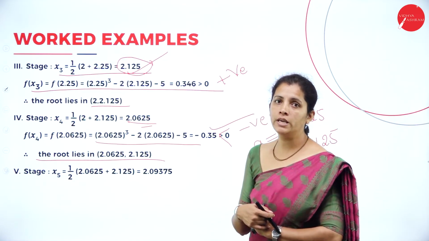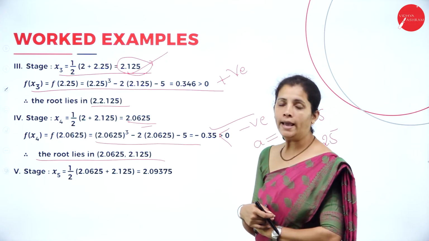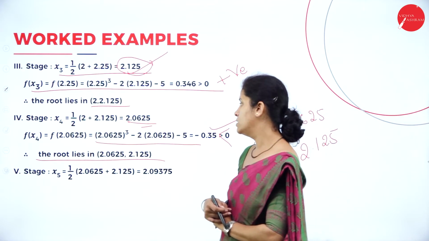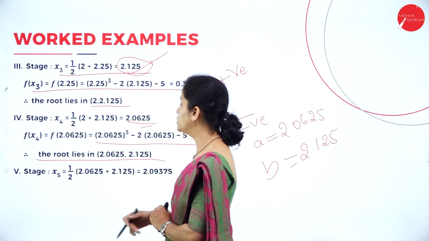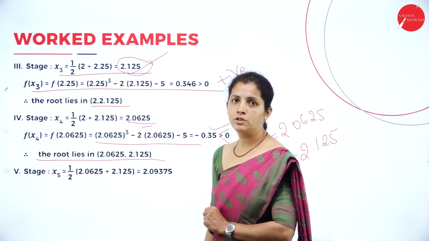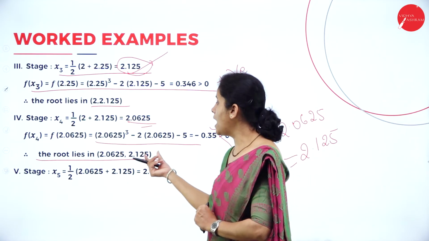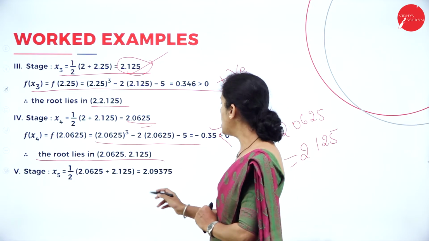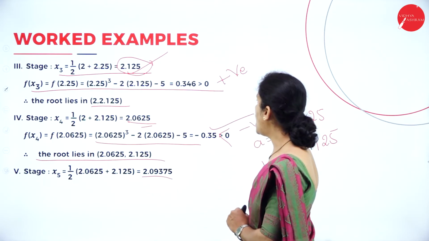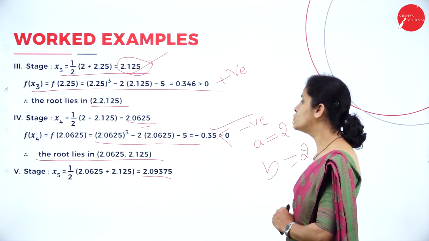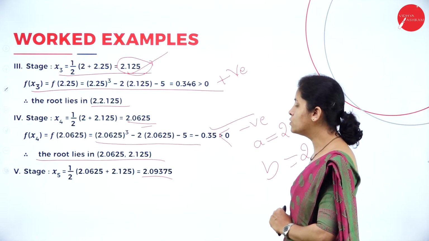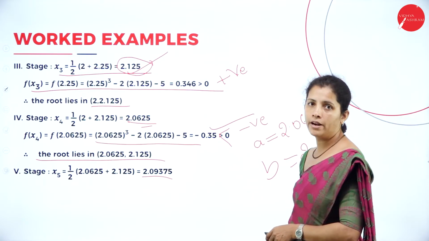So according to the question, I want to stop when I reach the fifth stage. So x5 equal to, I'm going to substitute this A and B value in the bisection formula and I'm going to get the answer, that is 2.09375.